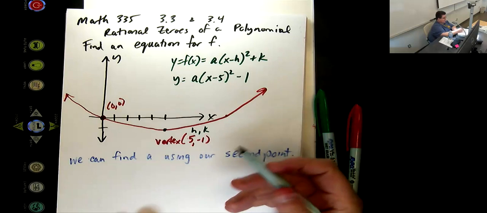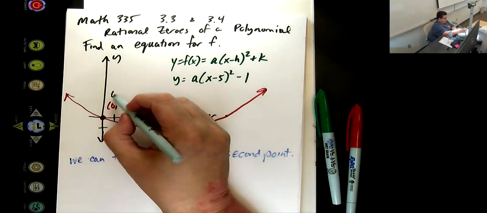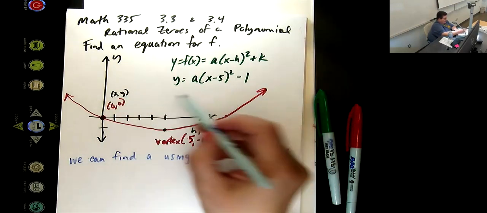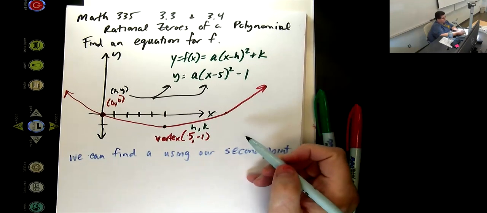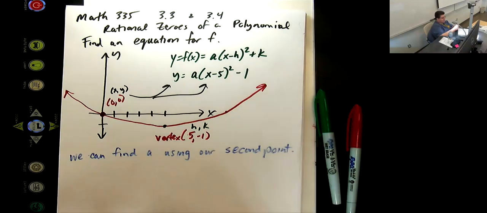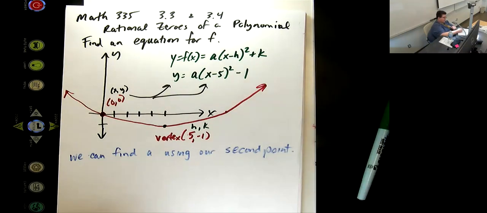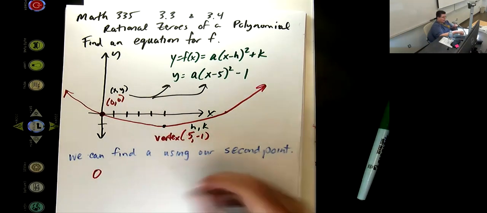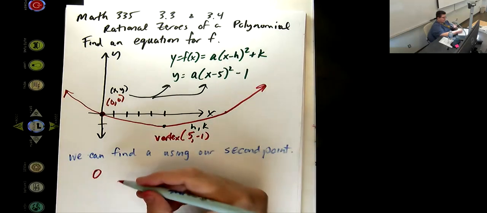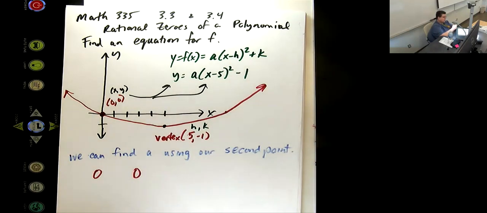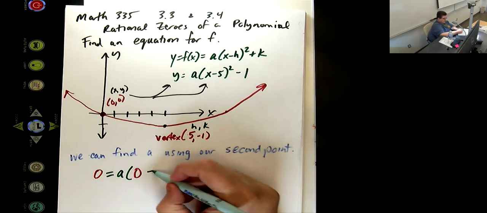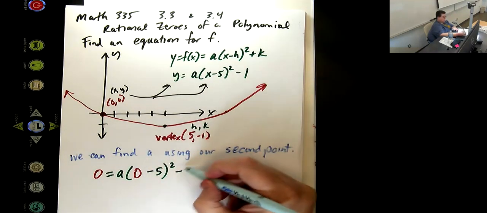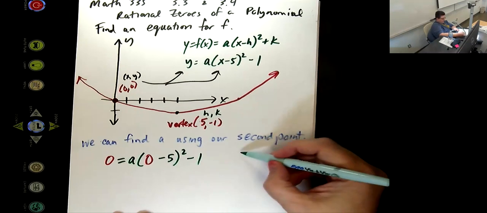And how do we do that? This is x comma y, and we can take it and plug it in for the x and the y. So I'm going to use 0 for my y and 0 for my x, and then solve for a.